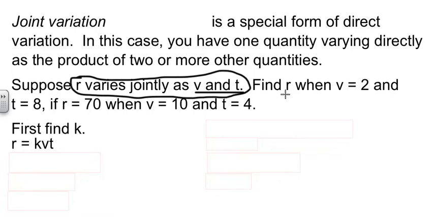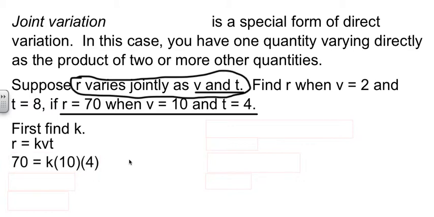Now I have some information that goes together. R equals 70 when v is equal to 10 and t is equal to 4. That information all goes together. The when tips you off that this happens with those.